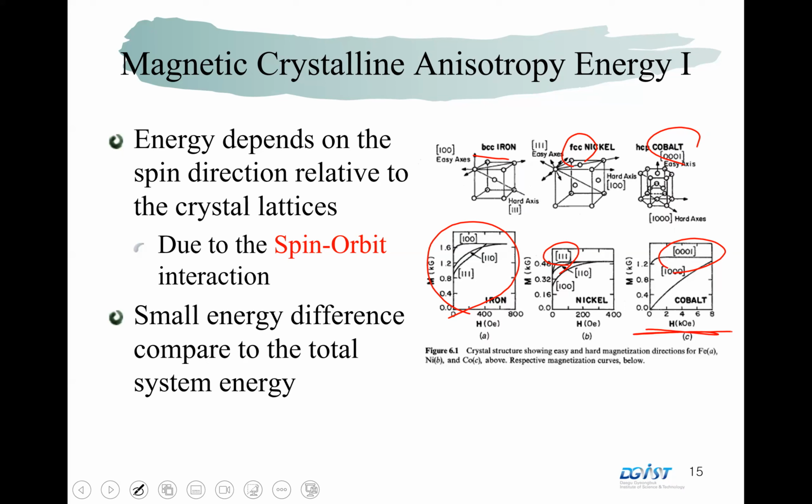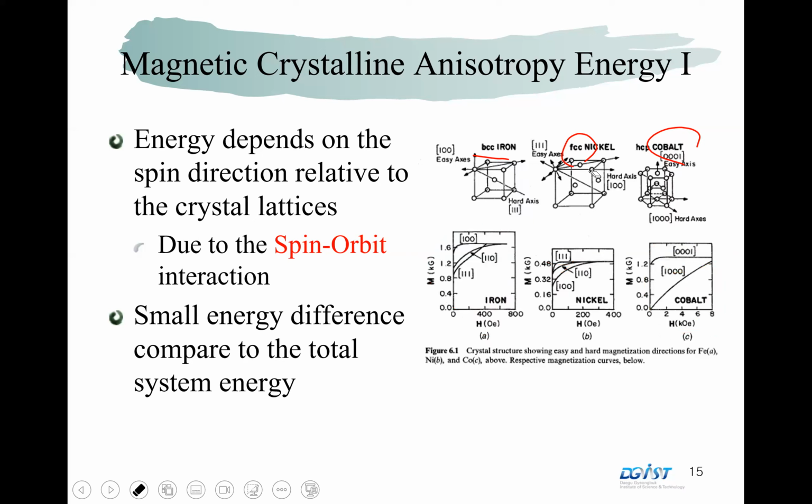For example, for cobalt, they required around 8 kilo-oersted of field to saturate this direction. And it looks like it is not saturated, this is not large enough. But this one needs a much smaller field. So it means the crystal energy of cobalt is usually very high.